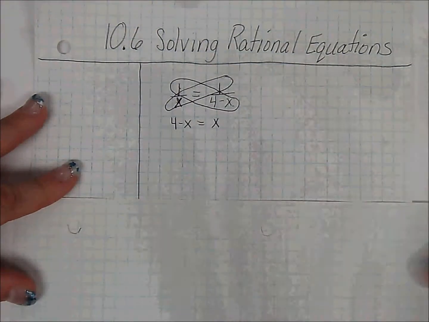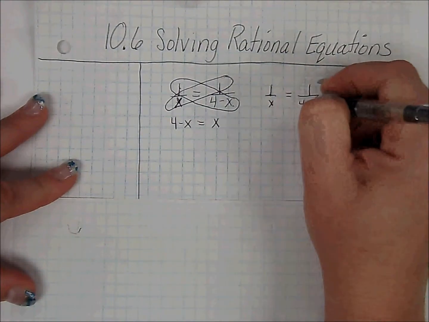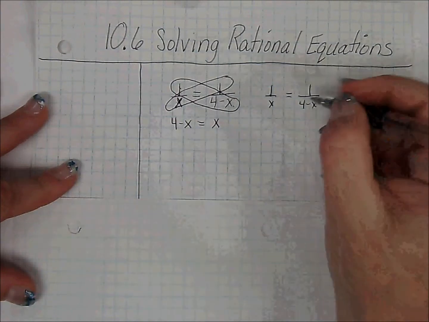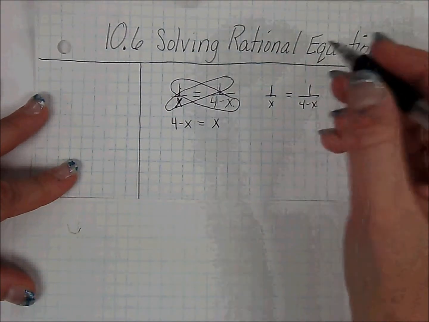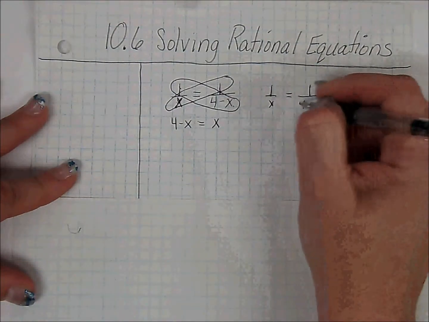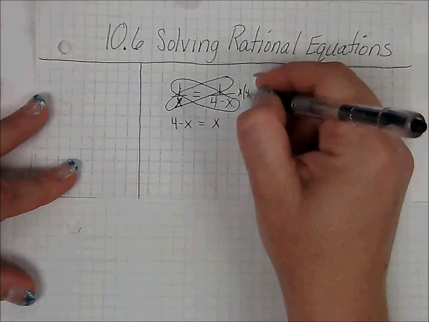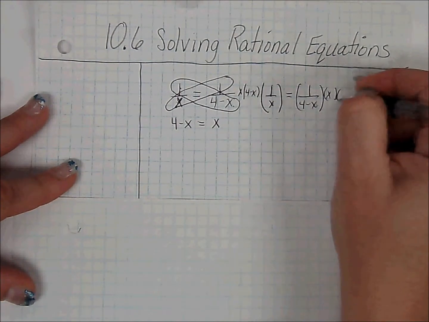We can also look at it this way. That works no matter what. If we multiply everything by the common denominator, which again would not be really easy, 4 minus x, I would have to multiply by x and 4 minus x. So I would be multiplying this side by x and 4 minus x, and multiplying this side by x and 4 minus x.